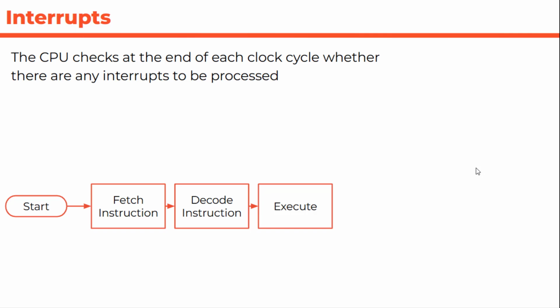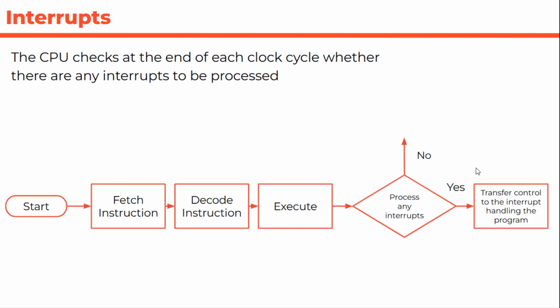It's happily working away. After the execution phase, it will ask, are there any processes that have generated any ISRs, interrupt service routines? If it's a yes, then we transfer control to the interrupt handling program.